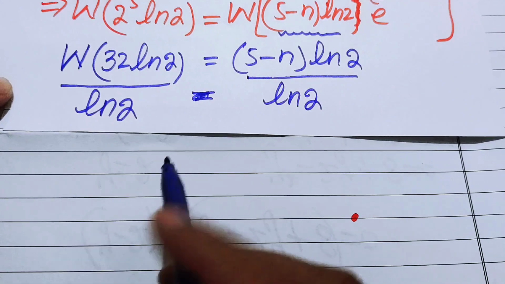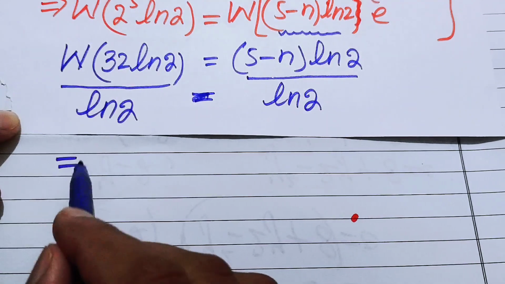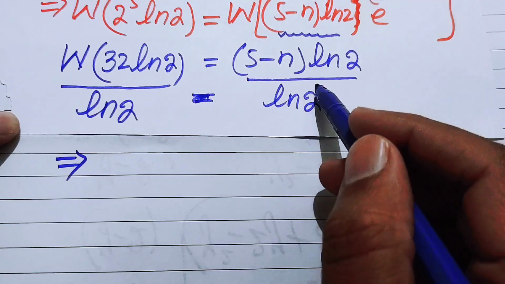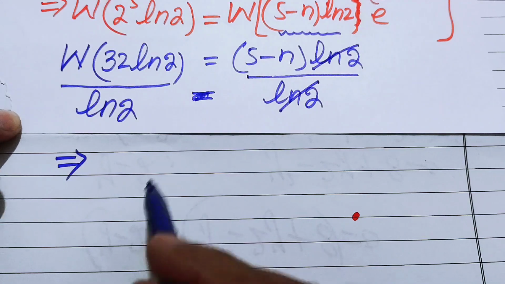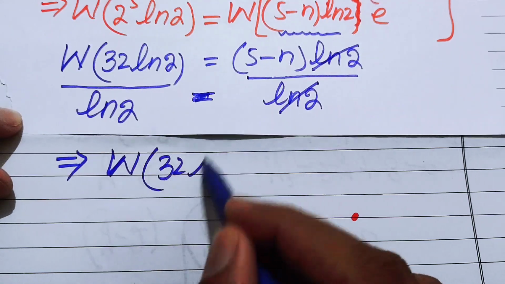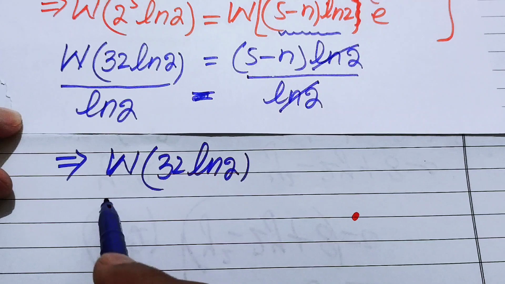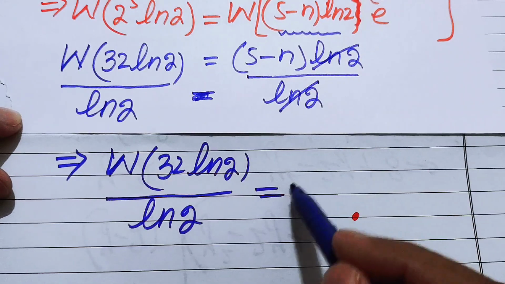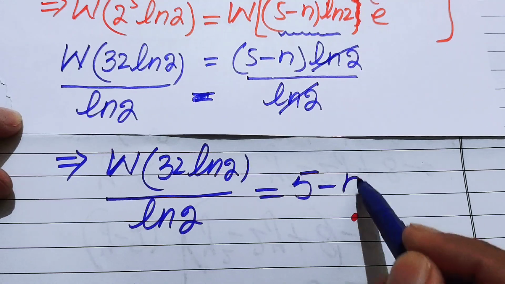And now we will simplify the terms here, and after some simplification you will get the right hand side. These two are gone, and we will obtain W of 32 times log 2 over log of 2, and this equals 5 minus n.